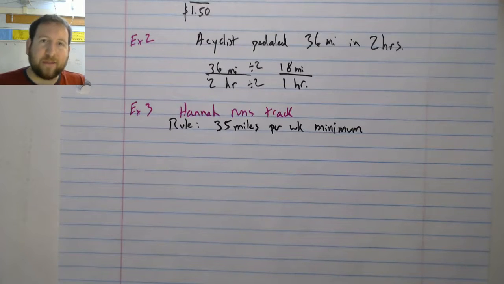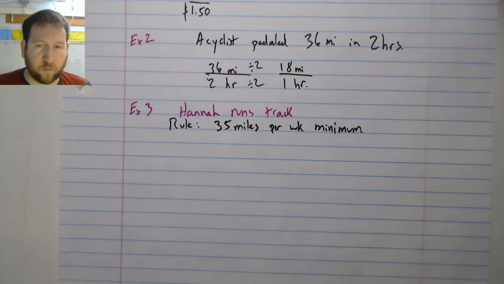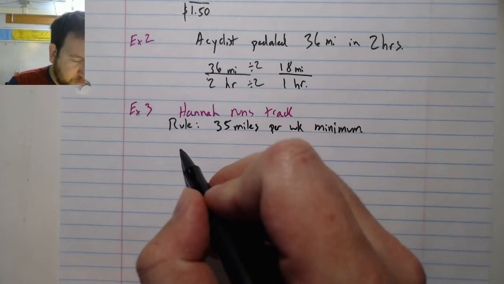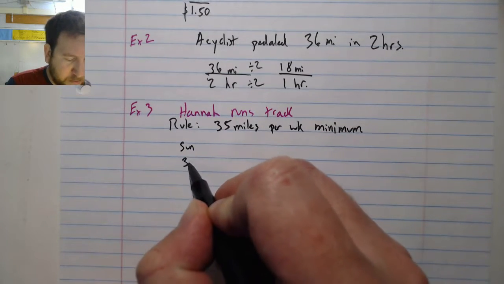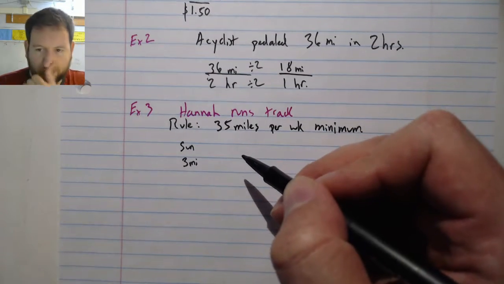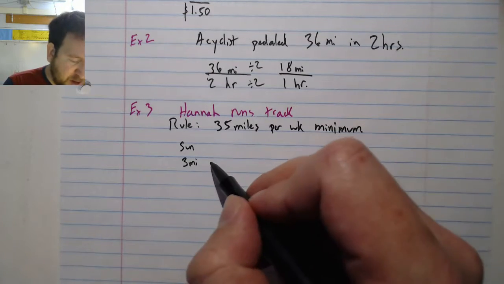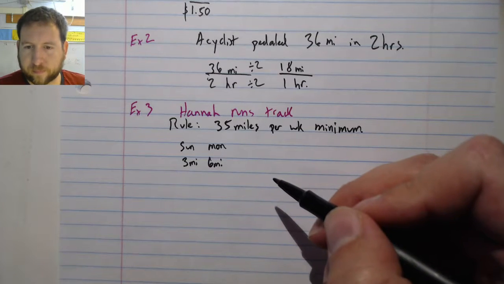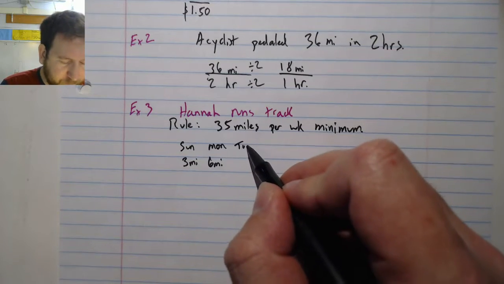And we're going to see if she's on track to run that amount. So far, she ran on Sunday, she ran 3 miles. 6 miles on Monday. 5 miles on Tuesday.